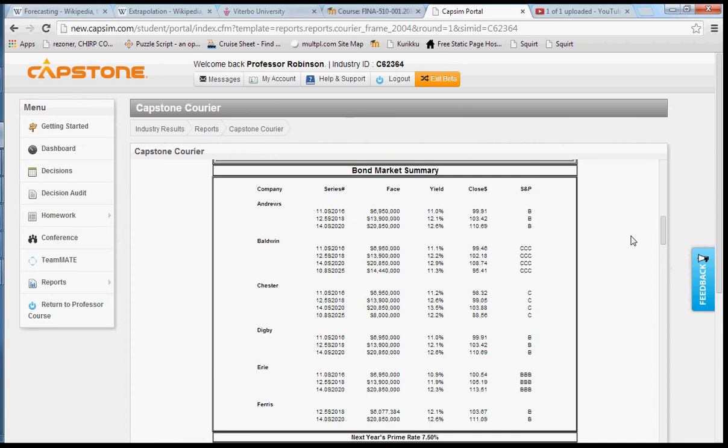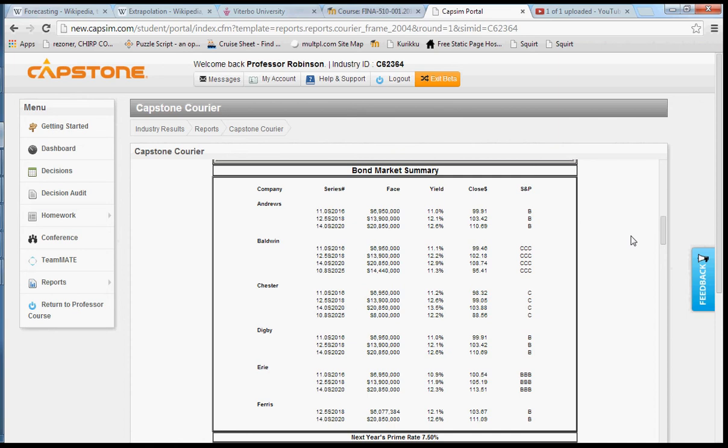Here the 6 companies in the simulation have their rating, and just like letter grades, A's are better than B's are better than C's.